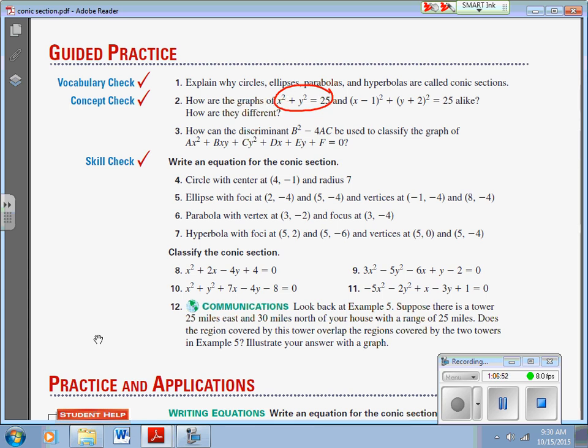Let's look at this one. If I want to get y by itself, what would I move first? You'd move the x squared. Do you agree that you would take that x squared away? That gives you y squared equal to 25 minus x squared.